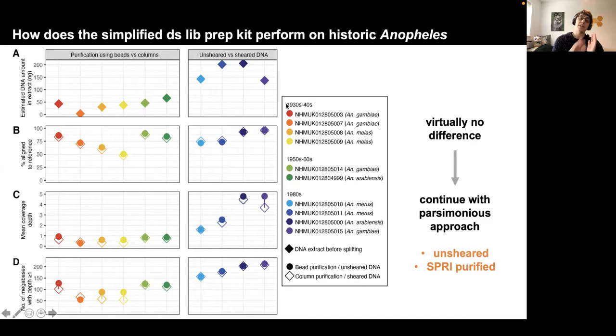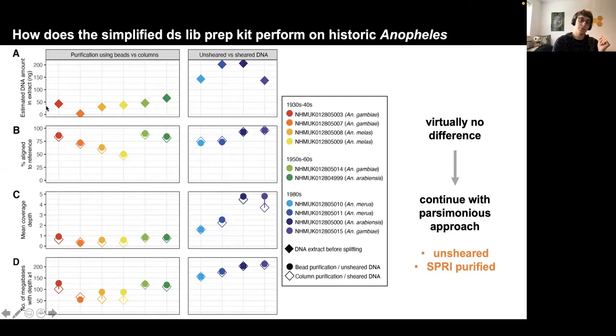And on the right-hand side, it's extracts with really long DNA, which was then inputted into the library prep either unsheared or first sheared, purified again, and then inputted. So the circles in these plots represent bead purification and unsheared DNA, so the simpler approach, and then the empty diamonds represent column purified and sheared DNA.